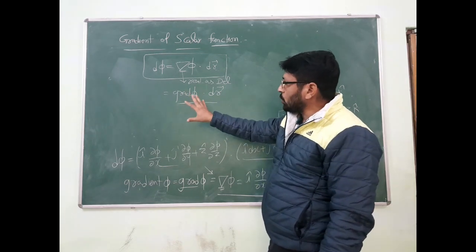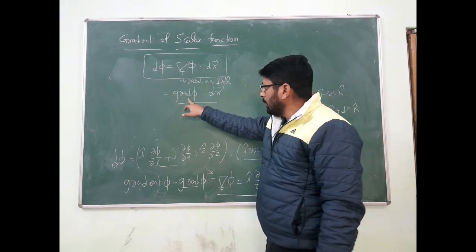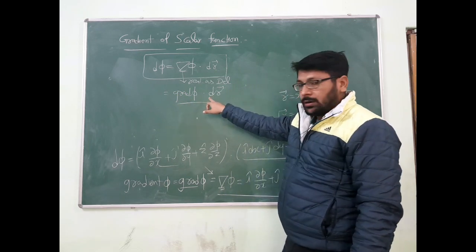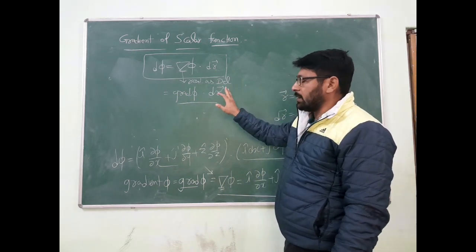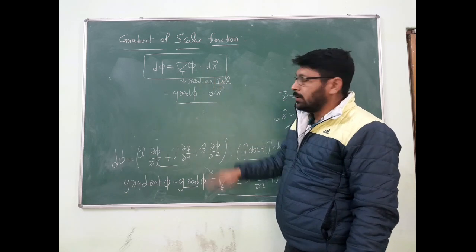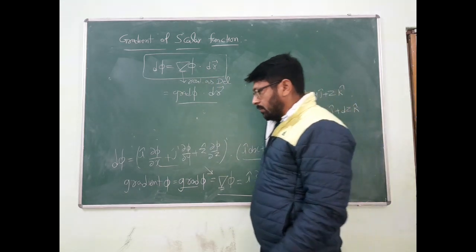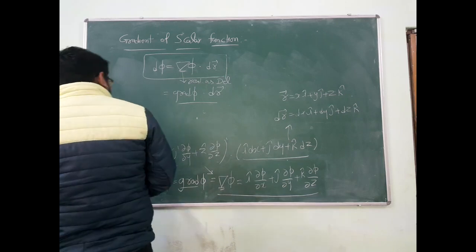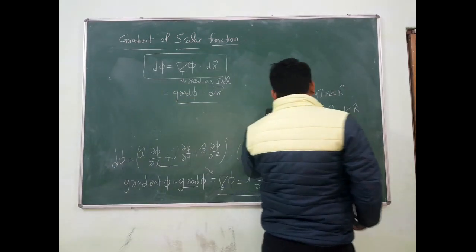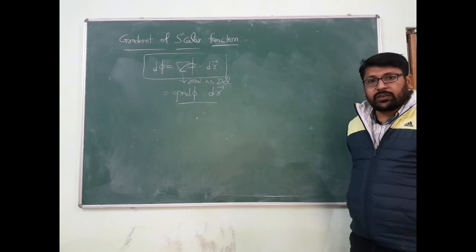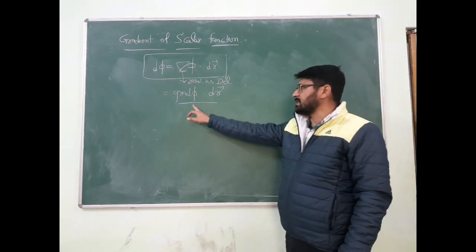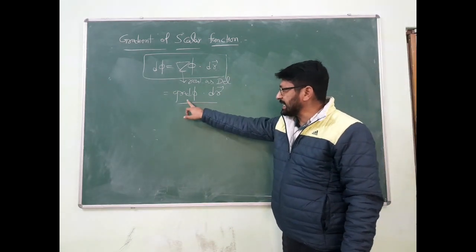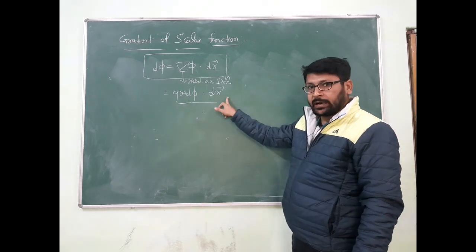So the total change in phi will be grad phi dot product with dr vector. This is how we define d phi. But what we were interested in was defining the gradient of phi, and this is grad phi dot dr vector.